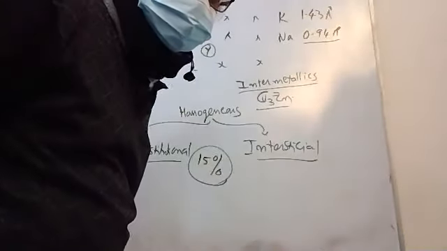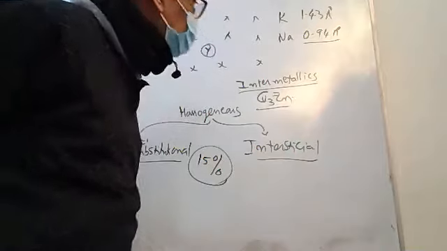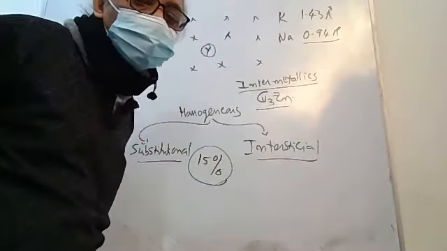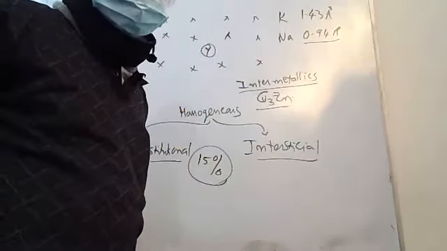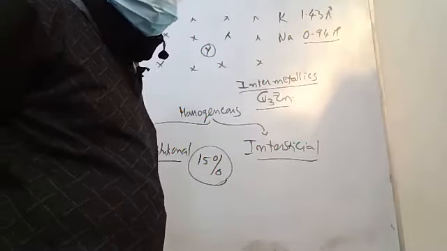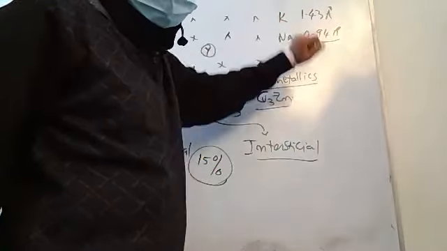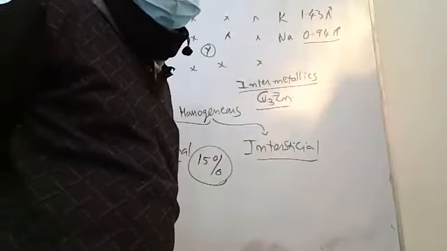So when you mix potassium and sodium, what type of solid solution do we get? Do we get interstitial or substitutional? What's the difference in the radius ratios here?